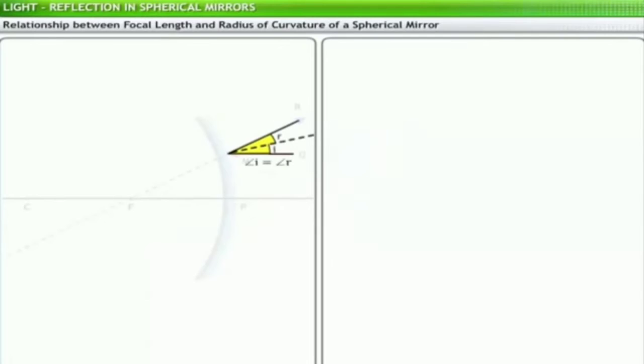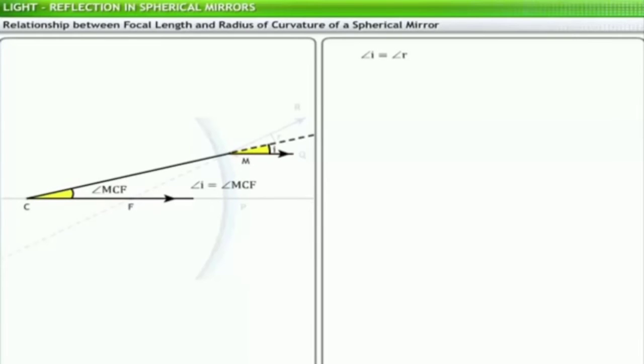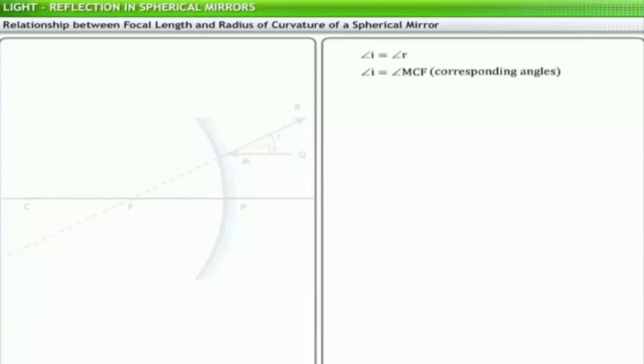We know that angle I is equal to angle R by the laws of reflection. Angle I is also equal to angle MCF, as they are corresponding angles. Additionally, angle R is equal to angle CMF, as they are vertically opposite angles.